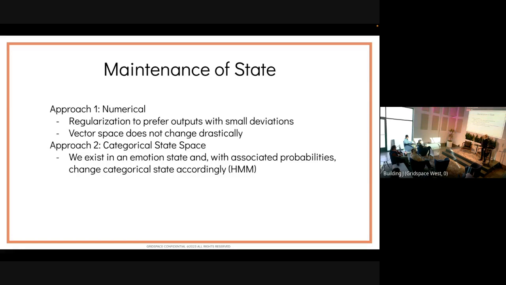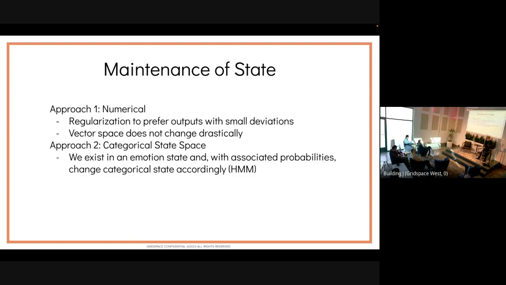I mean, maybe you do, but there tends to be some kind of sloping gradient. So if you're changing emotional state, you either want to regularize it in some way so you're not taking huge leaps if you're going for a numerical approach, or if you're in categorical world and you exist in an emotion state, there's probably some kind of order of probability with which you would jump. So you might jump from happy to neutral to sad rather than just from happy to incandescent rage.